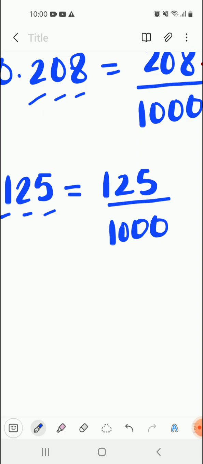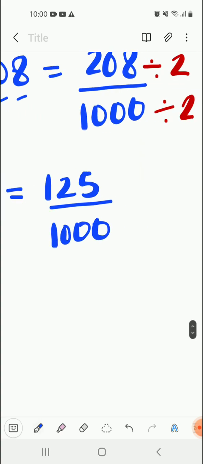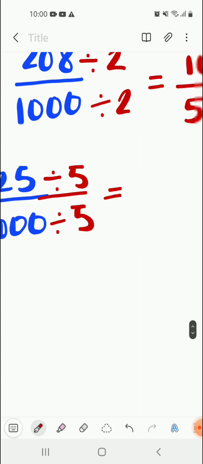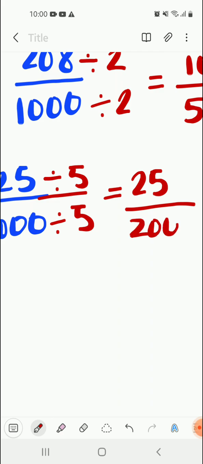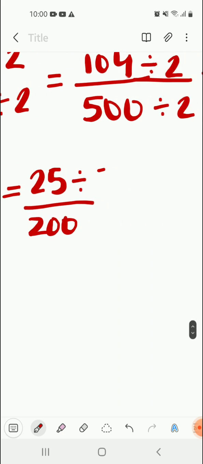So if we divide both numerator and denominator by 5, we get 25, and 1000 divided by 5, we get 200. Again, possible for us to divide the number further, again with 5.